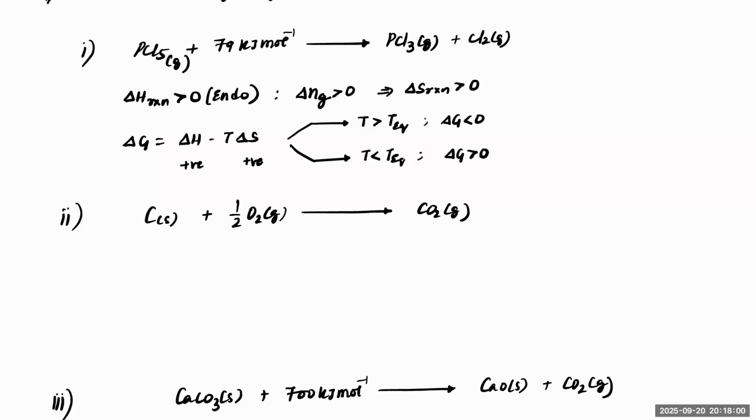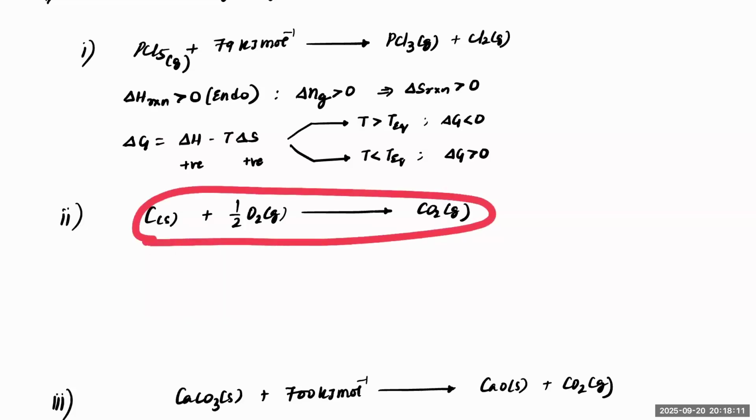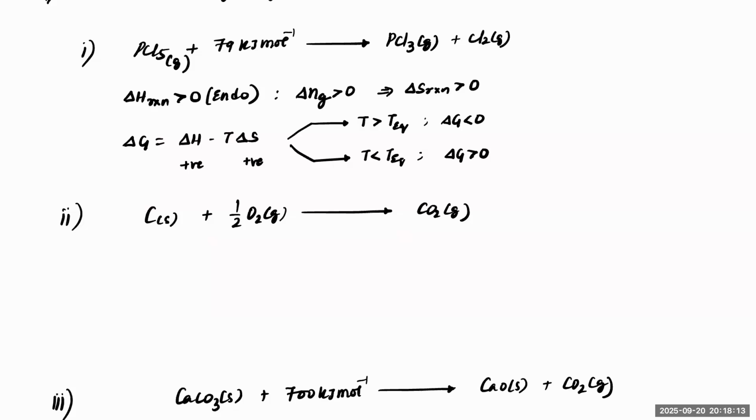Similarly, look into the second case. You know that this is a combustion reaction. That's why the heat has not been given. You should realize that it is a combustion reaction. For a combustion reaction, delta H of the reaction is anyway going to be negative. It doesn't have to be shown.